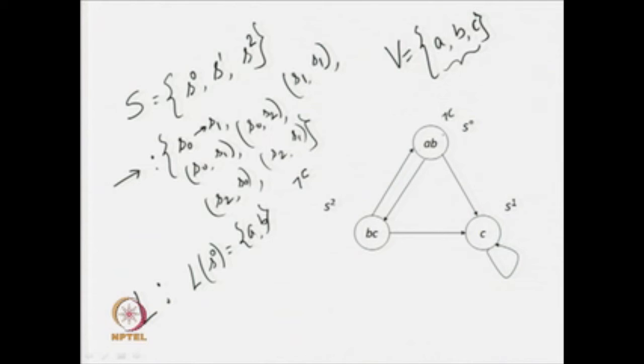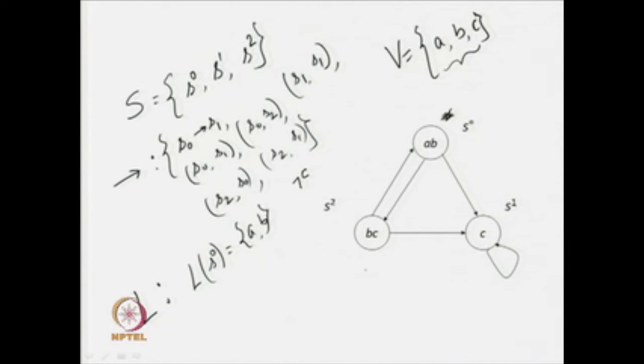But by convention, if a state is not labeled with an atomic proposition, we say that this atomic proposition is false in that state. Similarly, state S2 is marked with B and C. That means B and C are true in S2, but A is false.